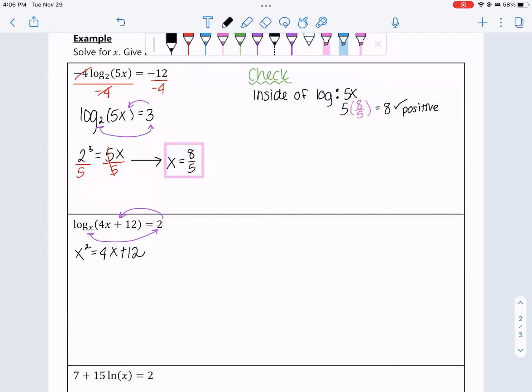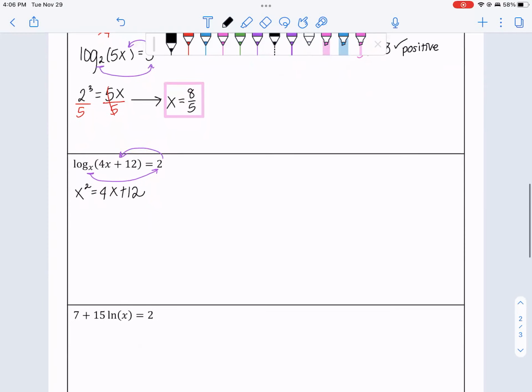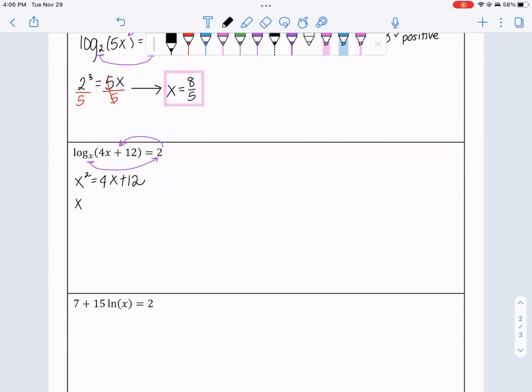This is going to be a quadratic equation. I want to bring everything to one side and then factor it like a quadratic. So I have x squared minus 4x minus 12 equal to 0. That I got from moving 4x to the other side, moving 12 to the other side as well.